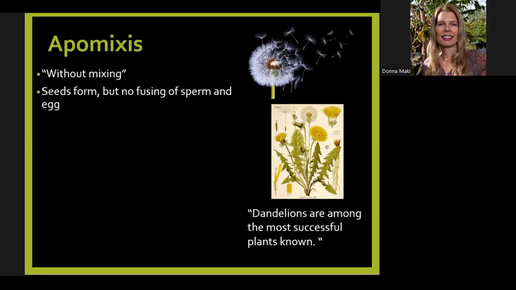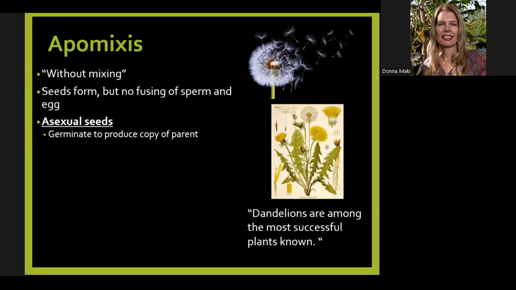So this is kind of an asexual process, and it's going to be a clone of the plant that it's on. Again, still rather mysterious. But if you take those seeds and germinate and grow them, they'll be an identical copy of the parent plant that produced it.